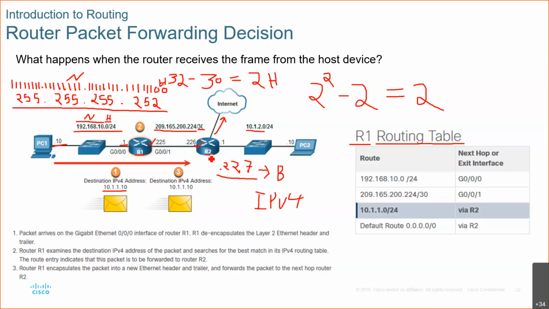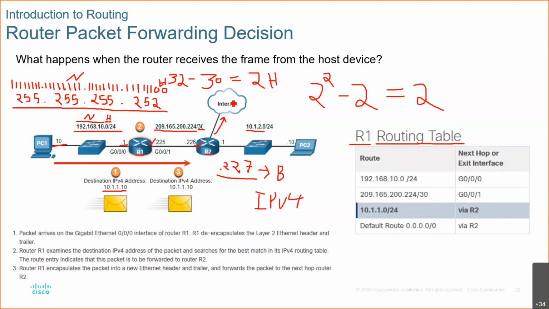Now R2 will see whether the network address matches. This network address is 10.1.1, and this one is 10.1.2, so definitely it's not this. Maybe they made a mistake in this diagram, but on the surface, the network address doesn't match. So R2 will perhaps send it to another router, another hop, until it reaches its destination.